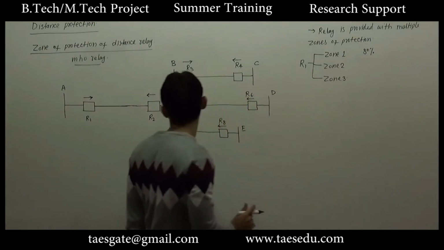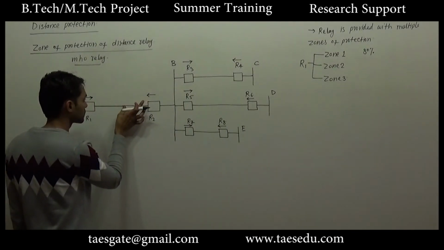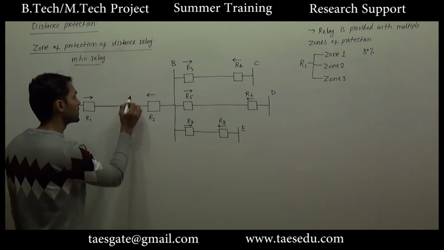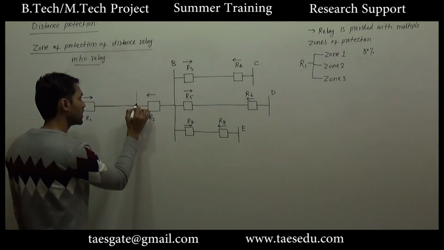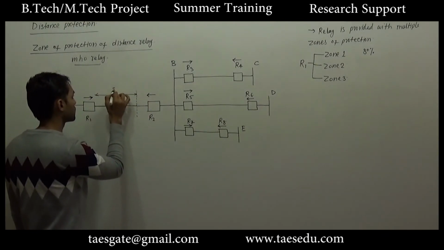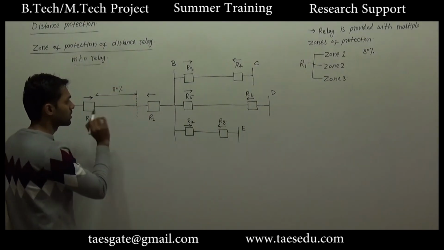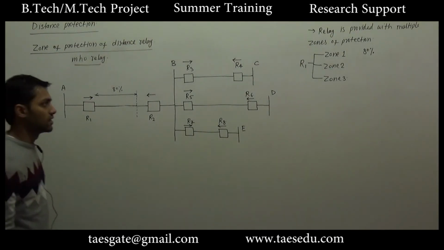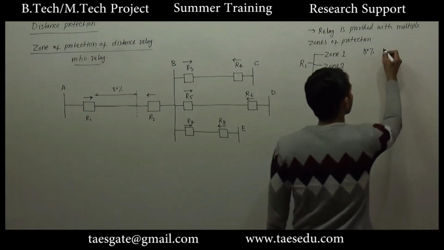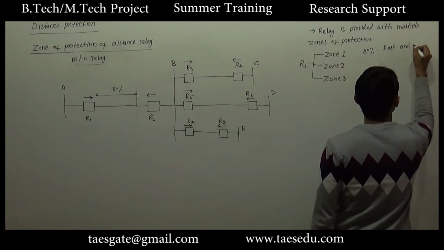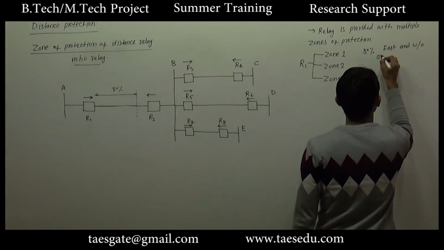It means if a fault occurs up to 80% distance on the line from the relay, this fault will be detected by zone 1 protection. Okay, and zone 1 protection is fast and without any intentional delay.